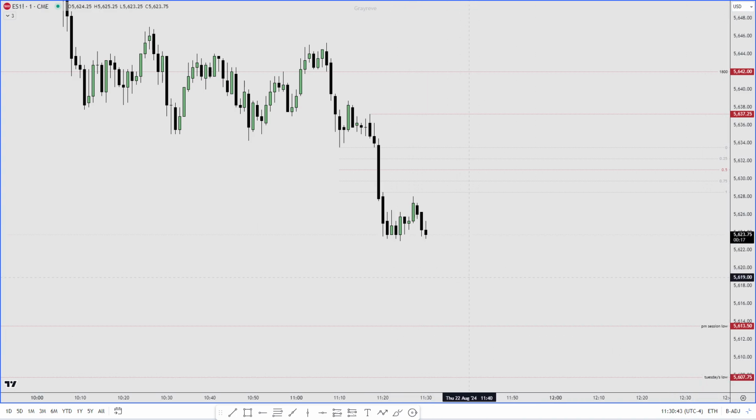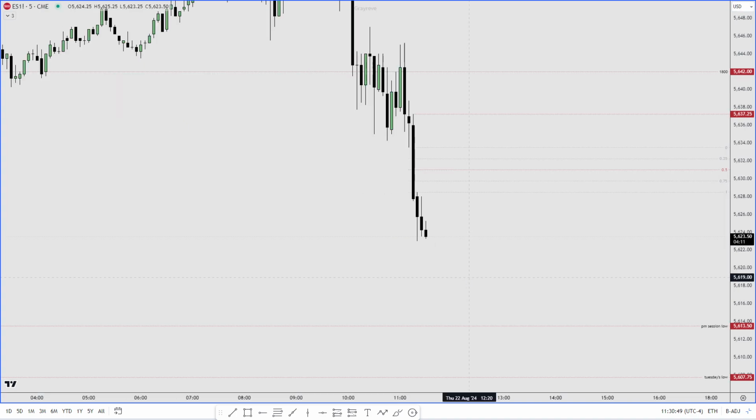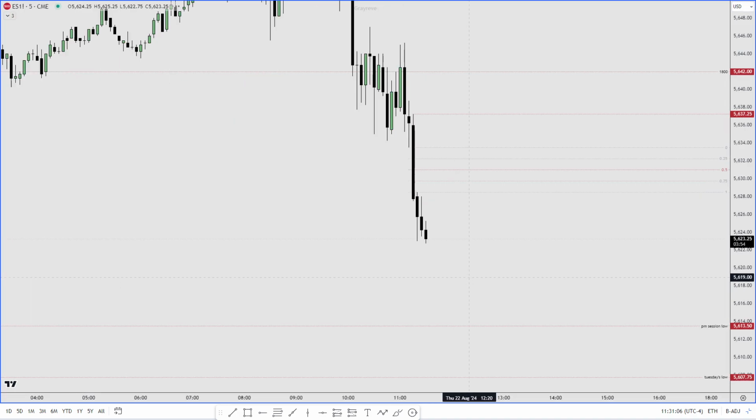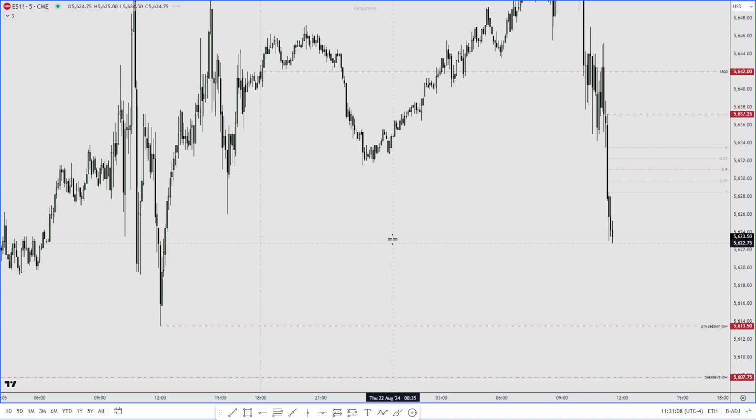Okay, I wanted to at least utilize a 5 minutes fair value gap, but if it just keeps on trailing lower like this, there's no way I'm going to be able to enter off anything, right?